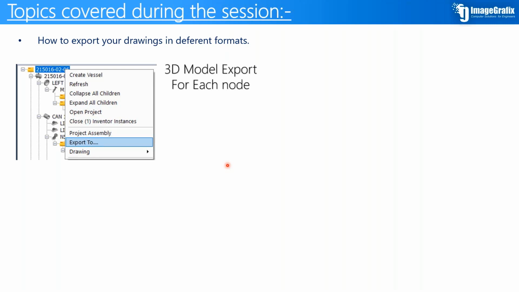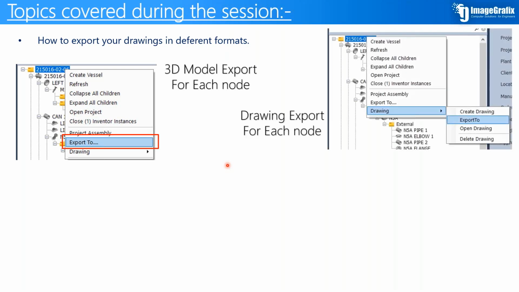For example, if you would like to export the model of the project, or the vessel, or a group, or an element like the head, just select the node from SEG tree, right-click on it and select Export to. After that, you will get many different extensions to export to.